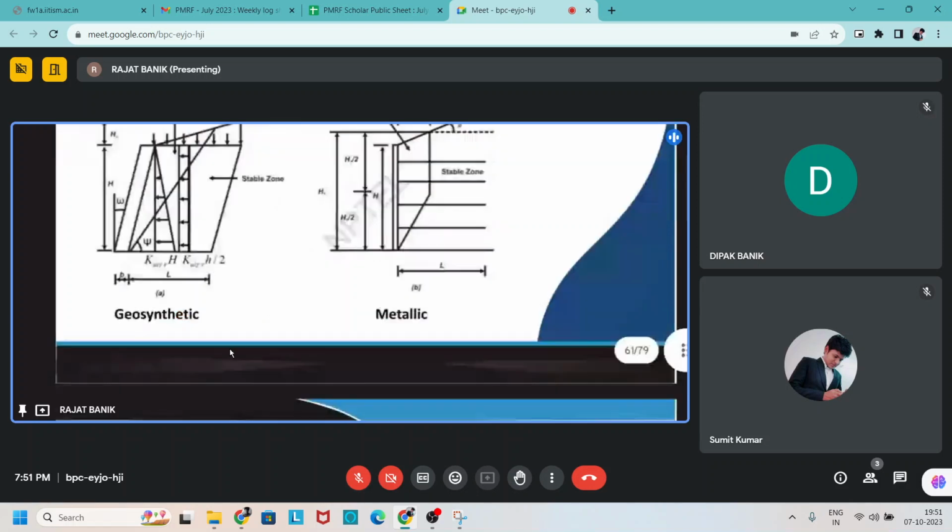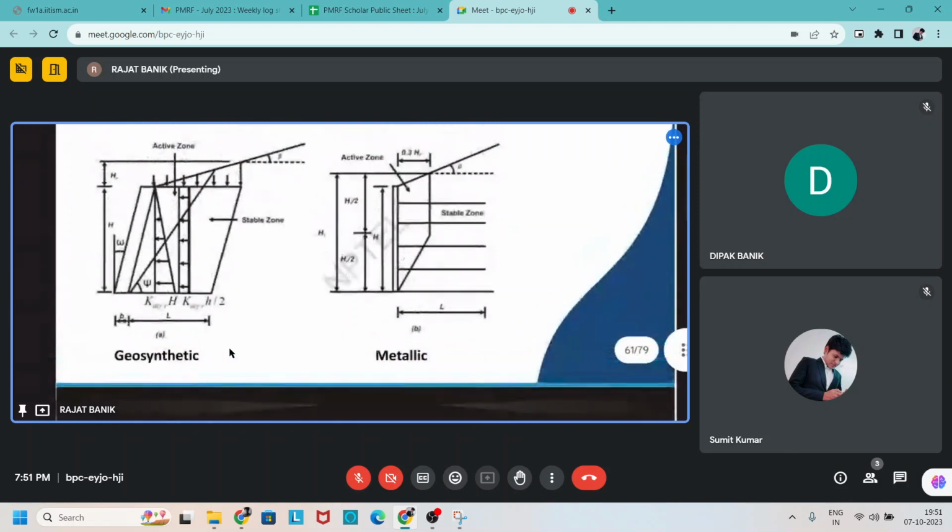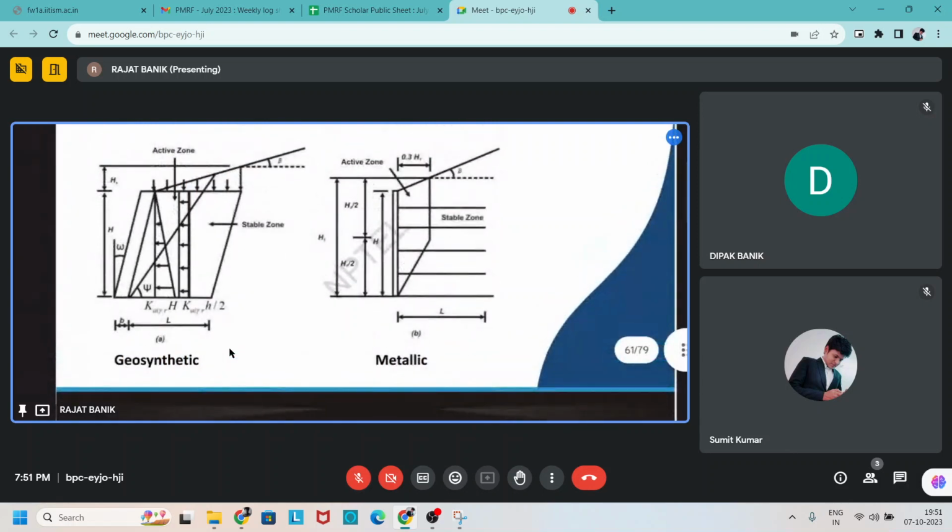Now, there are two types of retaining wall given. One is created by geosynthetic material, another one is created by solid material, that means rod inclusion like that. So for these two types we have different failure mechanisms also created.